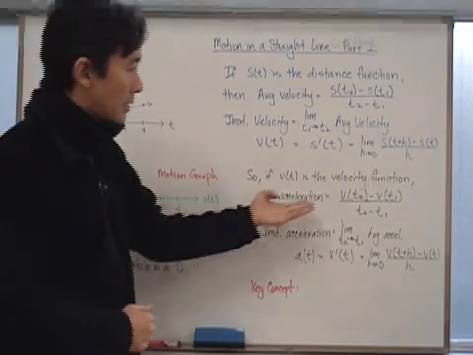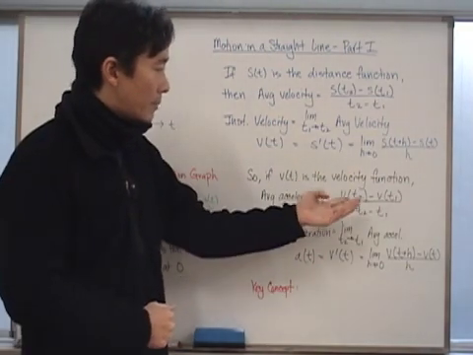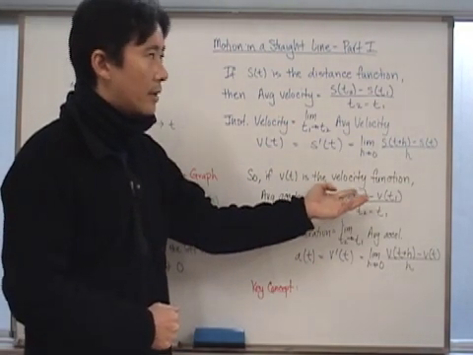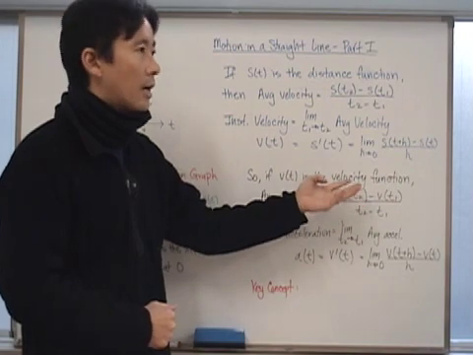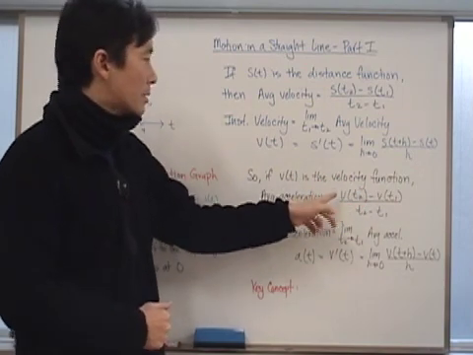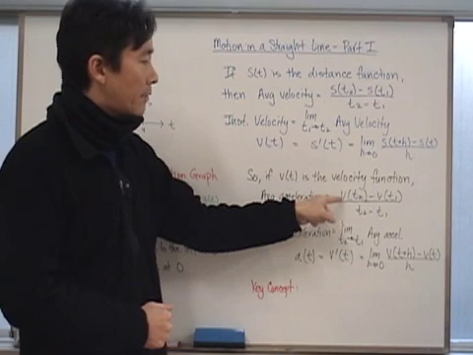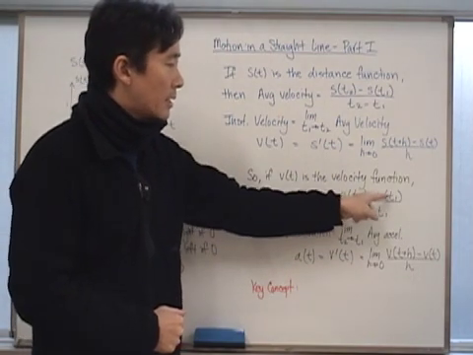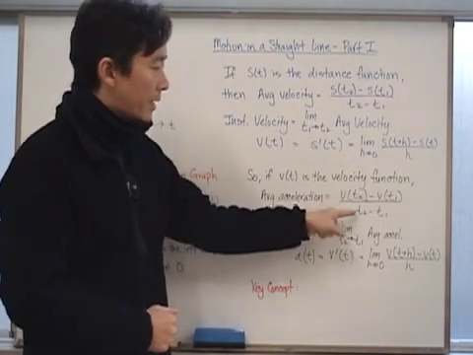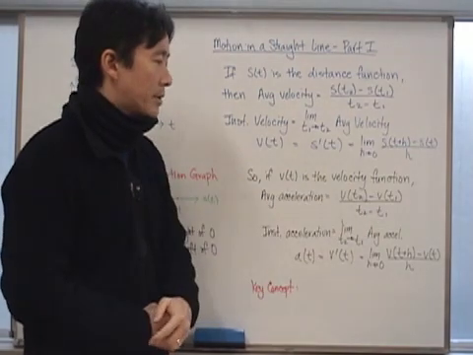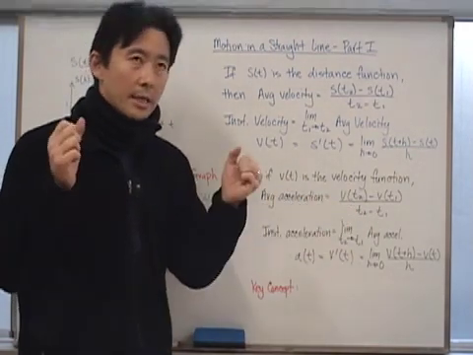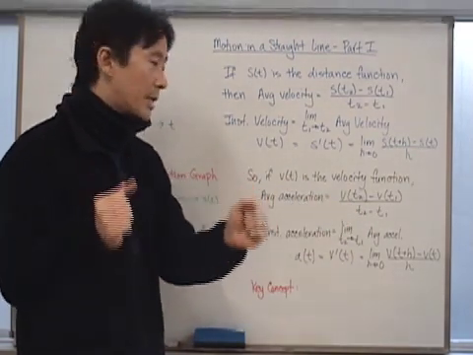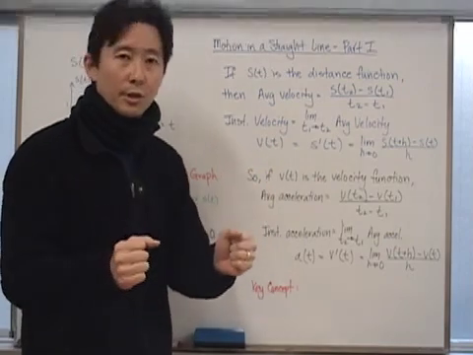So average acceleration would be the slope of the secant line of the velocity graph. That would mean that we take v of t sub 2 minus v of t sub 1 and divide it by t sub 2 minus t sub 1. So again, notice that we're talking about the slope of the secant line on the velocity function.